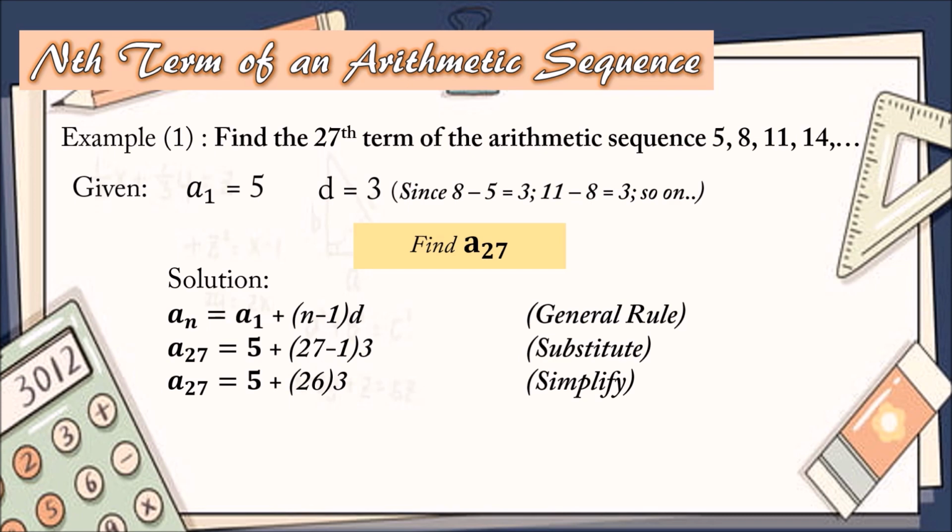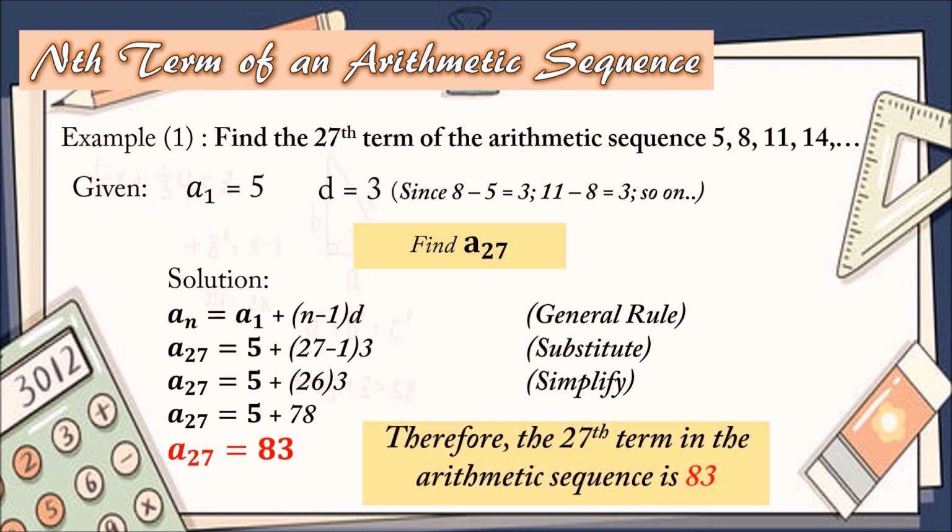A sub 27 is equal to 5 plus 26 times 3. Simplify again. We have a sub 27 is equal to 5 plus 78. Now, we have a sub 27 is equal to 83. Therefore, the 27th term in the arithmetic sequence is 83.